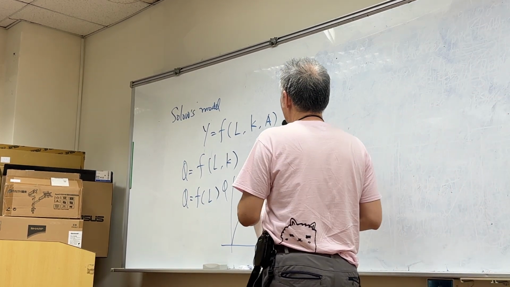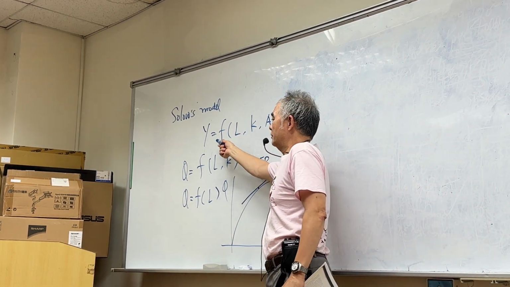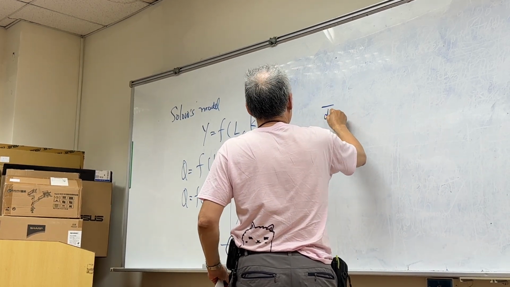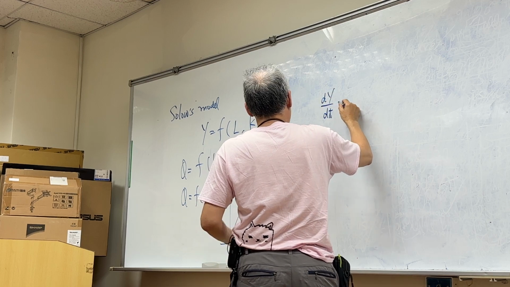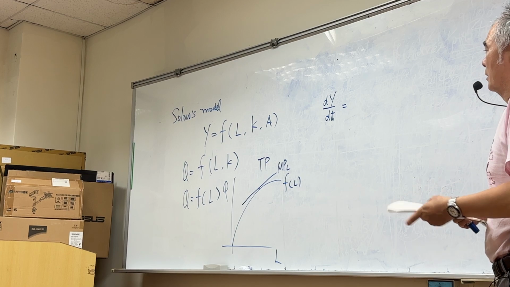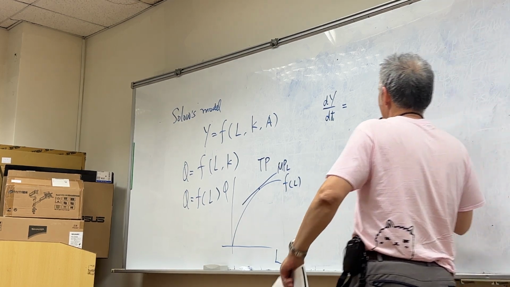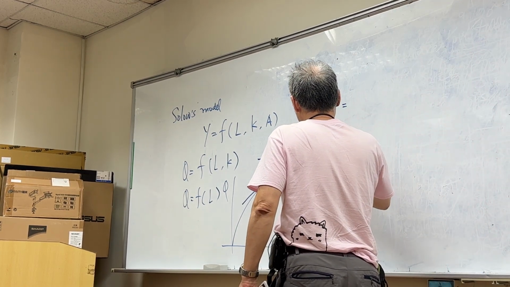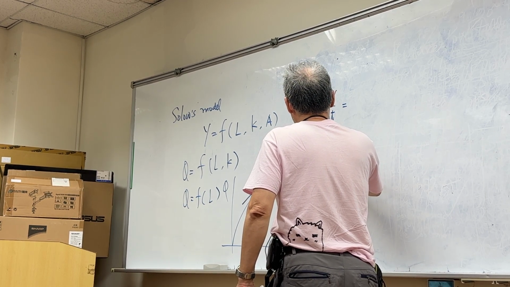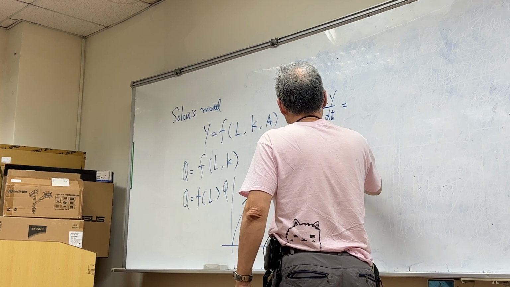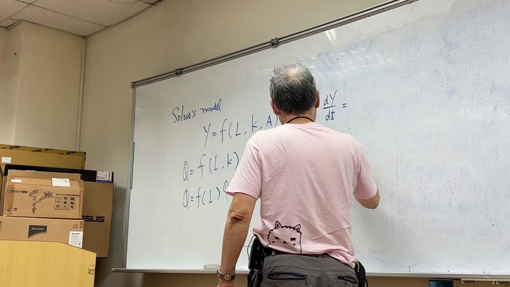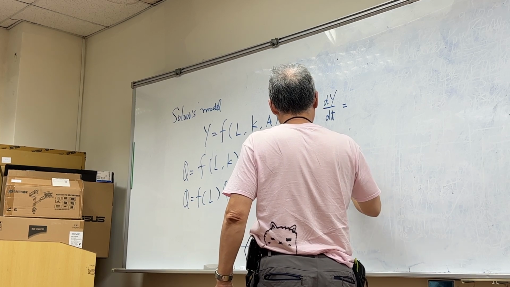So now we differentiate this production function with respect to t. So dY/dt is equal to, for example, say F(x), and then you differentiate this one.